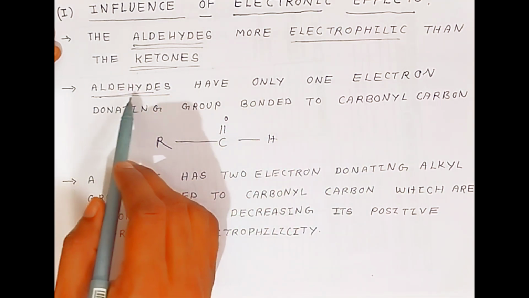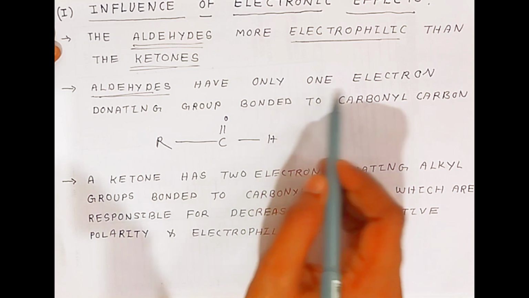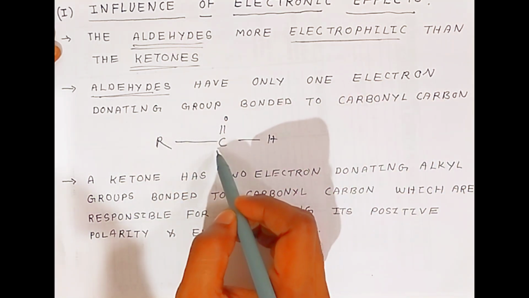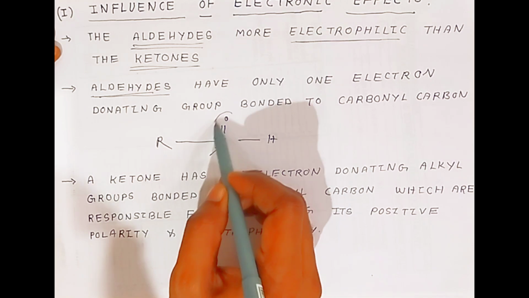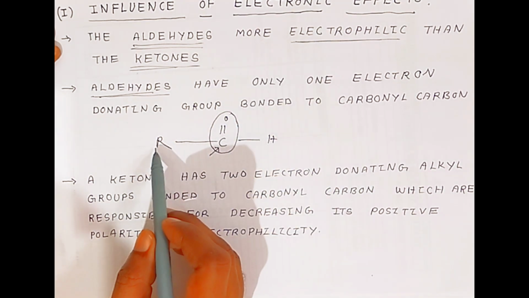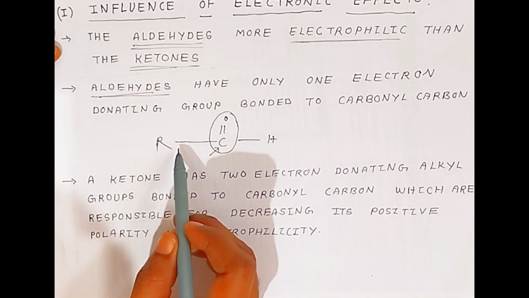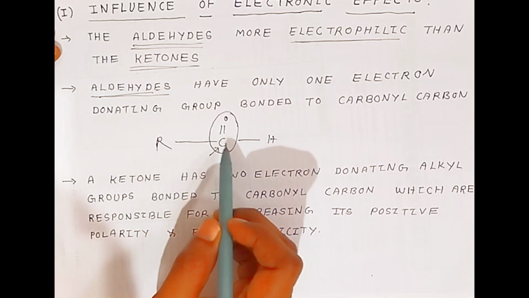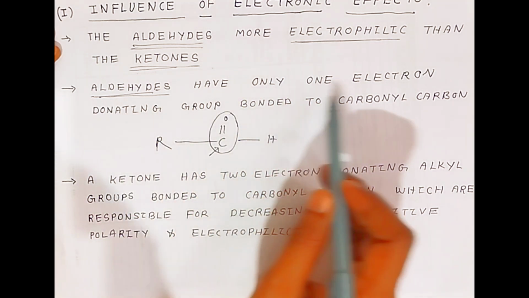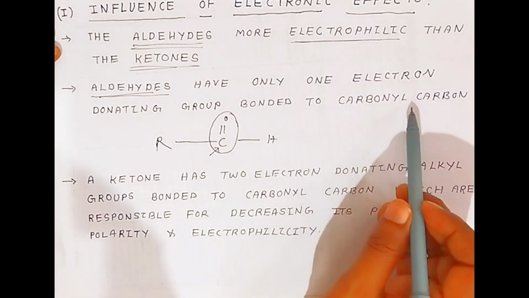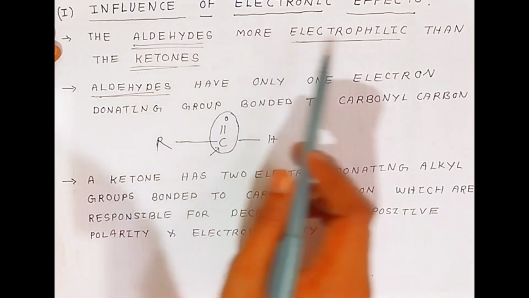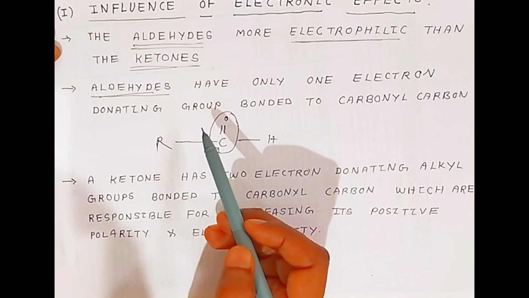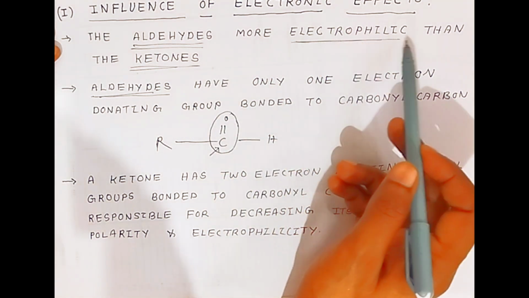So only one electron donating alkyl group is bonded to the carbonyl carbon, which donates electrons to the carbonyl carbon. That is why aldehydes are more electrophilic than ketones. Understand, students? This is how you have to explain why aldehydes are more electrophilic than ketones.